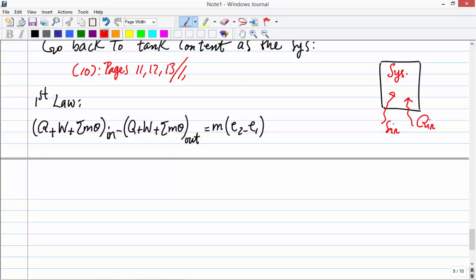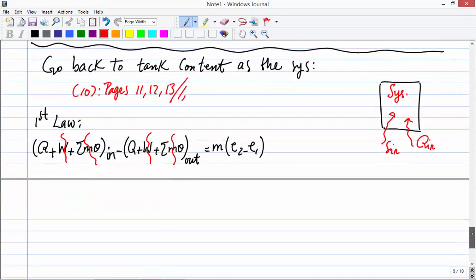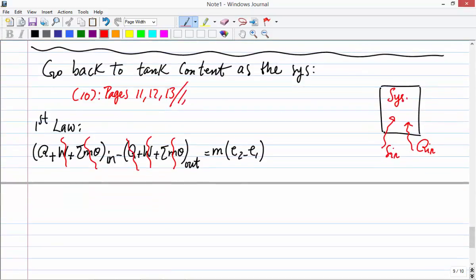It's closed, so the mass transfer terms are gone. No work, the boundaries are fixed, they don't move. And here Q is going into the tank content, so please be careful. I just switched back to the tank content as a system. So Q out is 0.